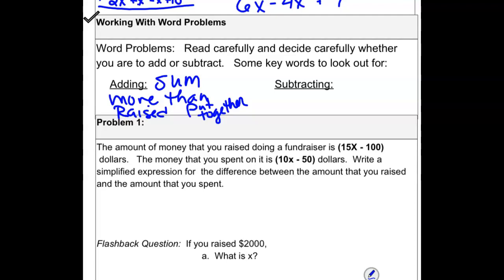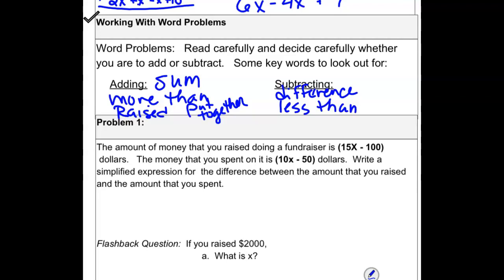Okay. Subtracting. What words came to mind? Okay. So if more than means we're adding, less than would mean we're taking away. Difference. Sum and difference are used quite a bit for adding and subtracting, right? The sum of two things, the difference of things.